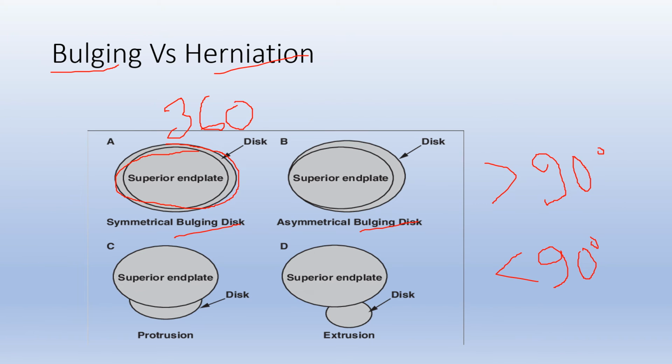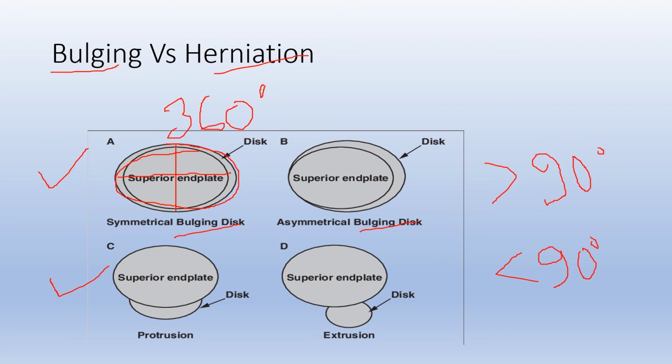A disc circumference has 360 degrees. When more than a quarter is affected, this is called disc bulging, and when it affects less than a quarter, that means less than 90 degrees, then this is called disc herniation. So the bottom two are disc herniation and the top two are disc bulging.